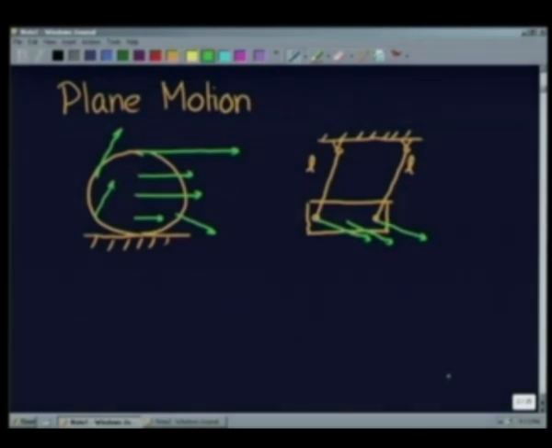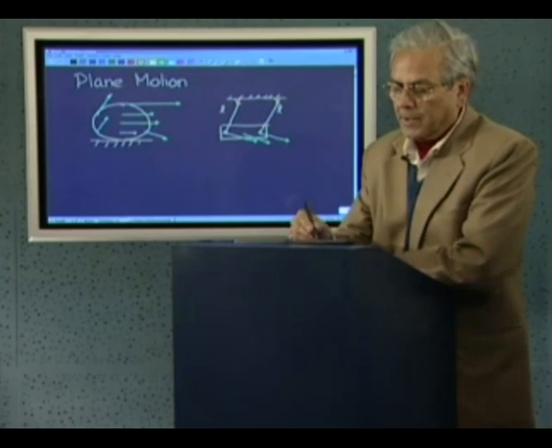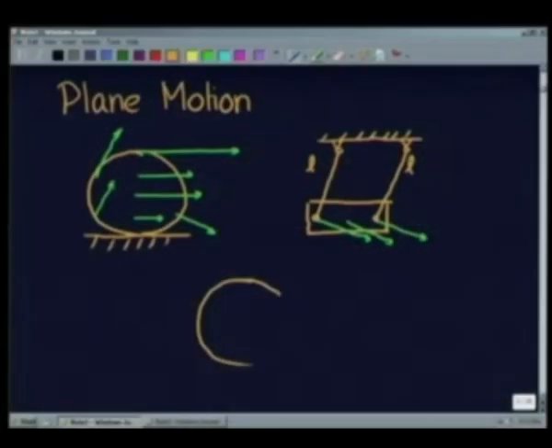But again, there is a subtle difference between these. I will take another simpler case where a wheel is rotating about a fixed hinge. So in that case, the velocities of various particles will be like this. So there are three types of plane motions, as you can see here.